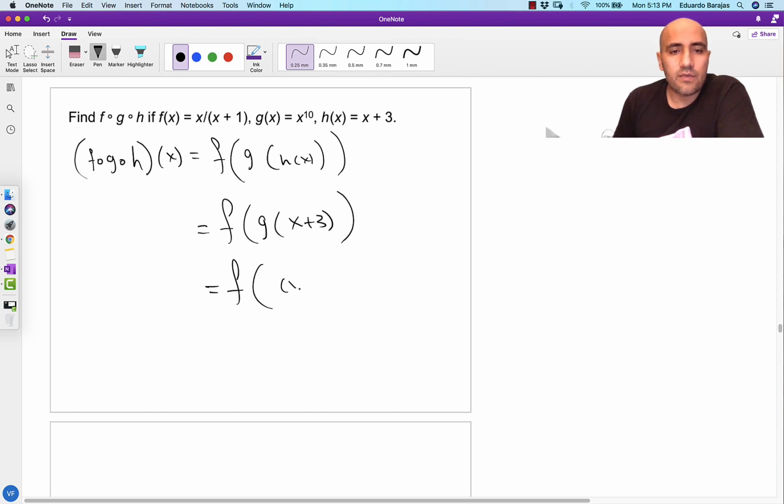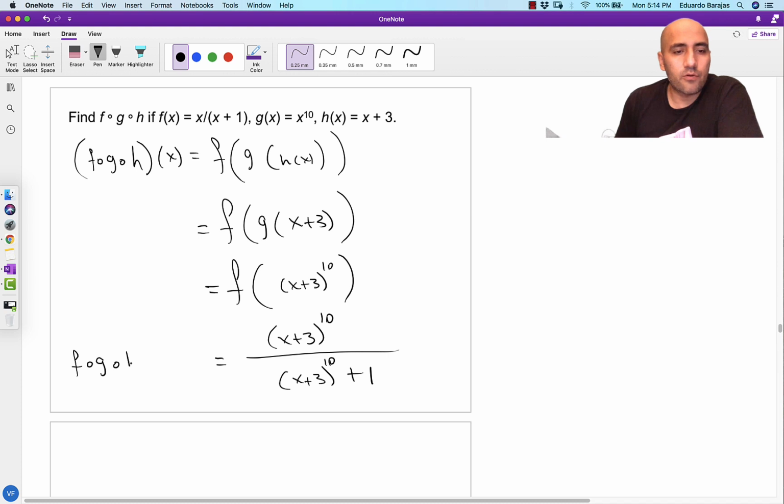So this is going to be (x plus 3) raised to the power of 10. And finally, the f function says whatever the input is, do the input divided by the input plus 1. So our final answer is going to be (x plus 3) raised to the power of 10 divided by (x plus 3) raised to the power of 10 plus 1. Right? So that would be f composed with g composed with h evaluated at x.